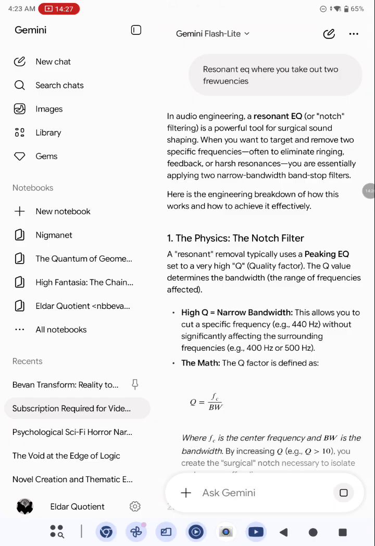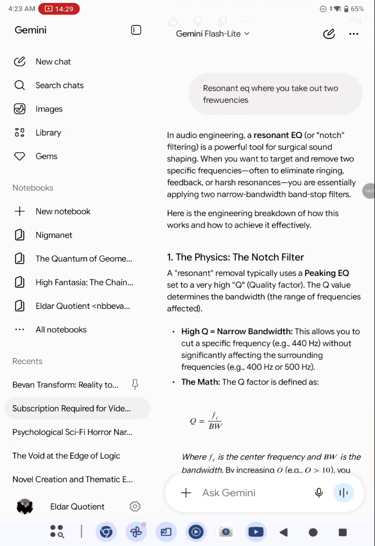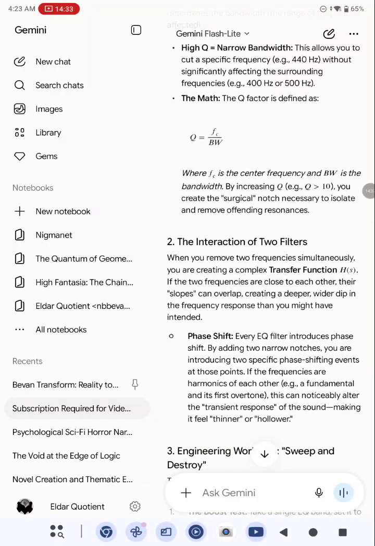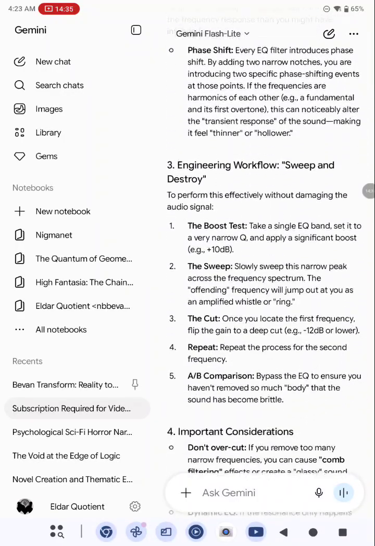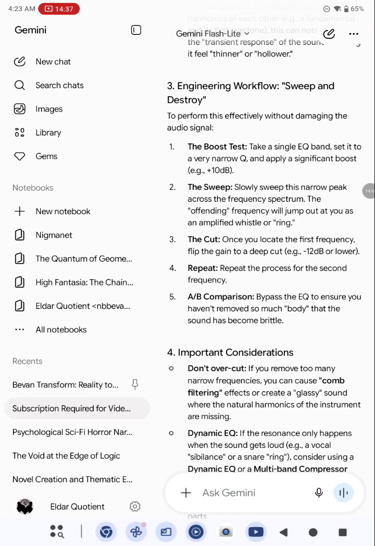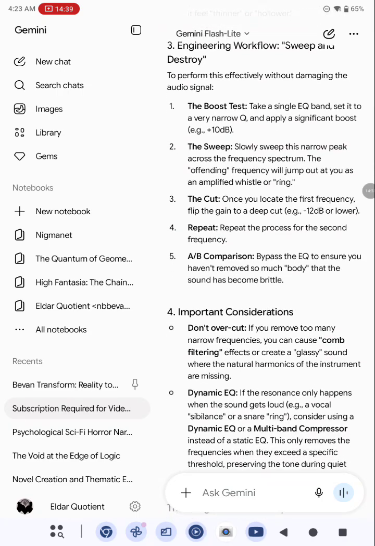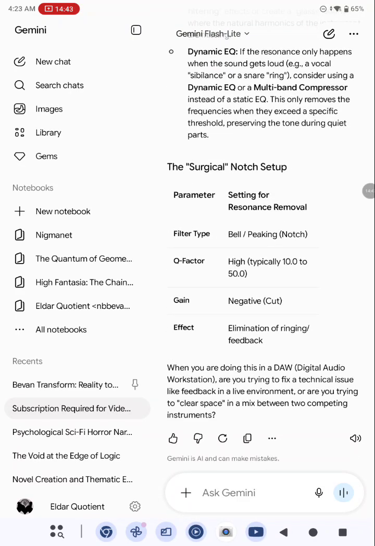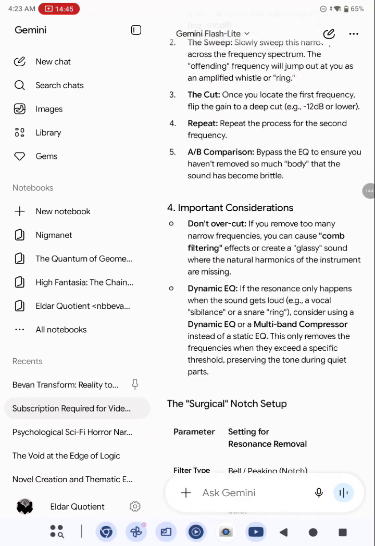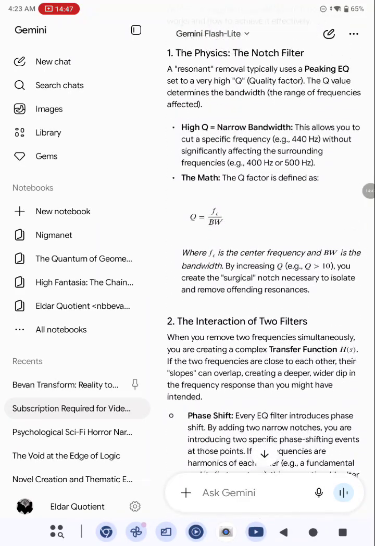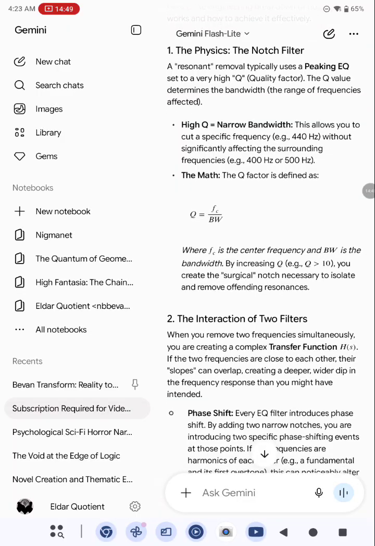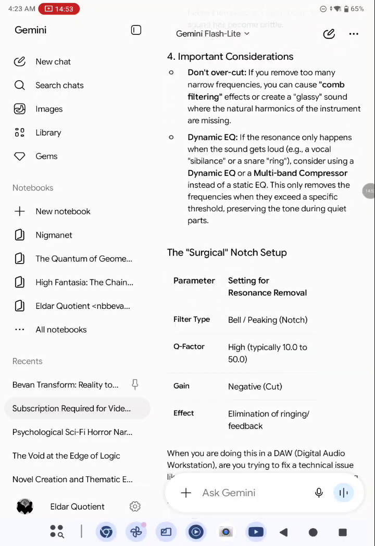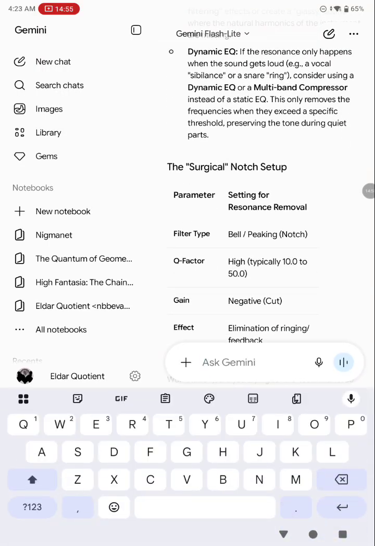This is going to completely be a resonant EQ or notch filter, peaking EQ, sweep and destroy. So you have audio engineering, stuff like that. Q factor, bandwidth.